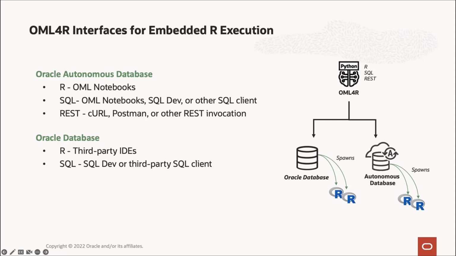With SQL on the Autonomous Database, OML4R is accessed with the Oracle Machine Learning notebooks using the SQL interpreter, using SQL Developer, or another SQL client. With REST invocations on the Autonomous Database, REST commands can be done via curl or Postman. And with the Oracle on-premise database, OML4R is accessed through third-party IDEs such as Jupyter or Zeppelin, or SQL Developer and other third-party SQL clients.